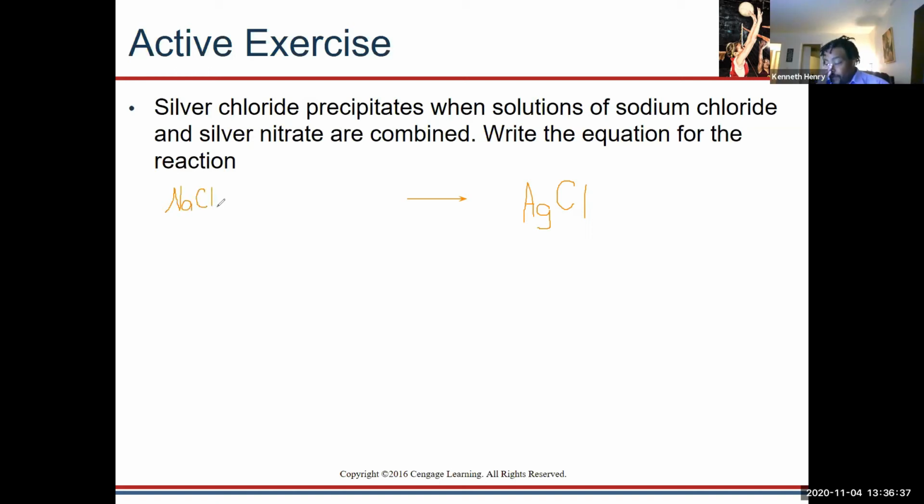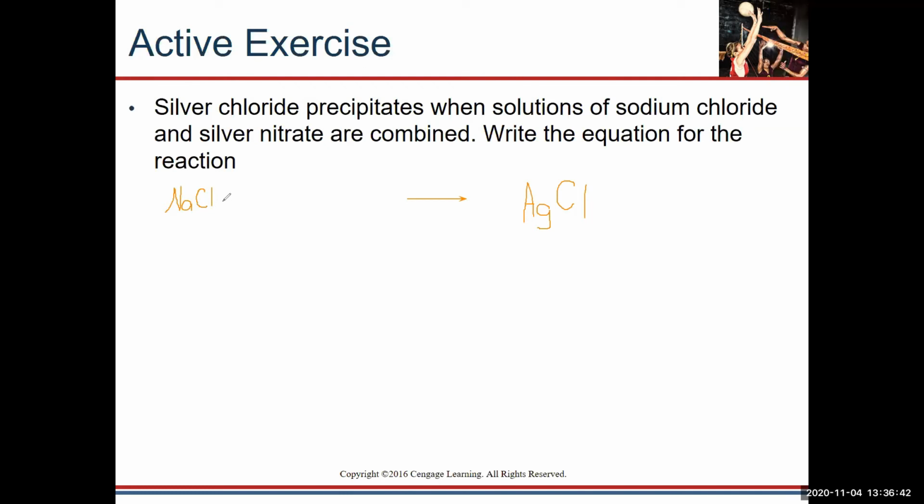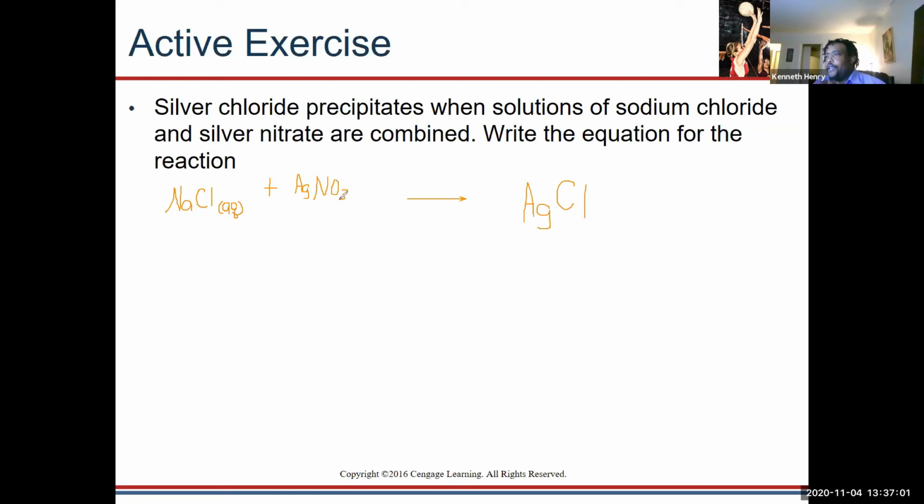Solid, liquid, gas, or aqueous? Aqueous. It's a solution. Aqueous. And AgNO3. Solid, liquid, gas, or aqueous?